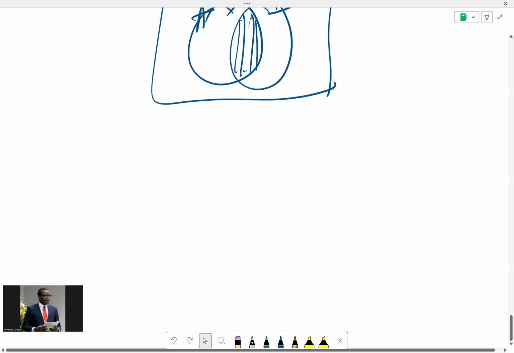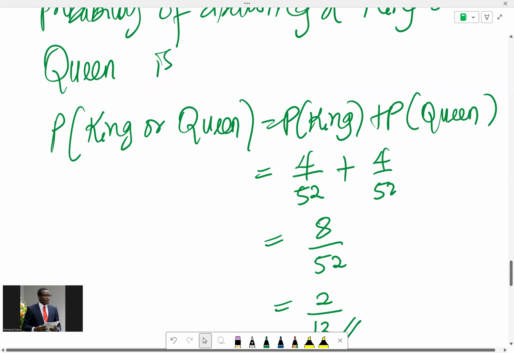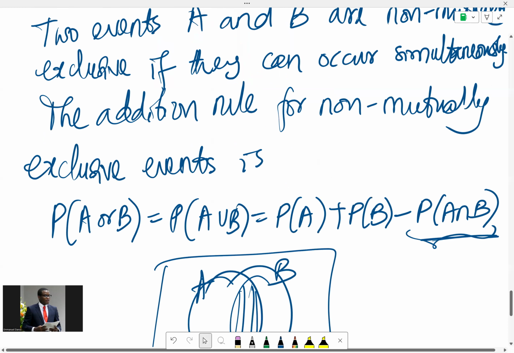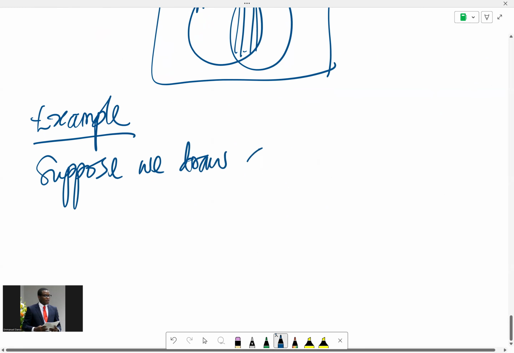And so for example, now we have this. Suppose we draw a card from a deck.